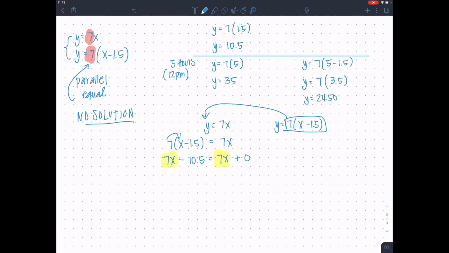So that would make this my next step, and negative 10.5 does not equal 0, and therefore there's no solution. So if I were to graph it, I would find that these lines would be parallel with no solution because there's no intersection. But by using algebraic steps with substitution, we can see that there's also no solution.